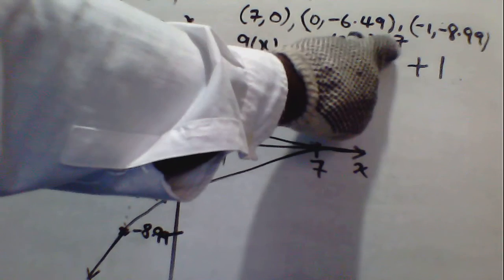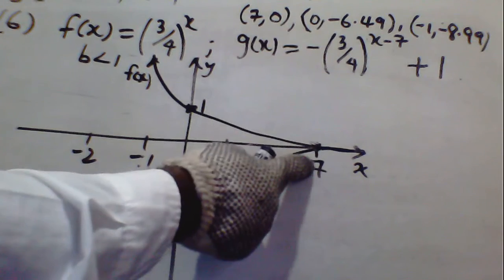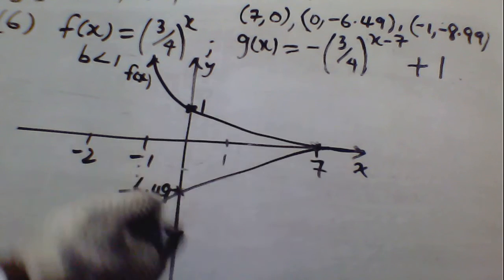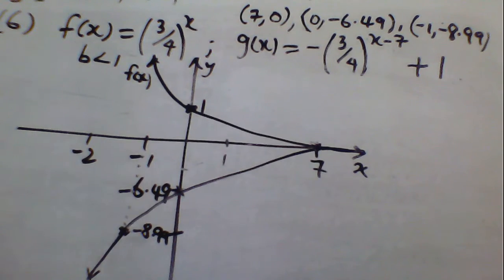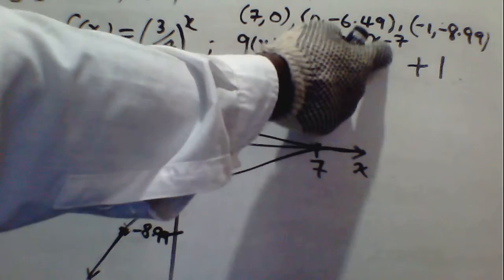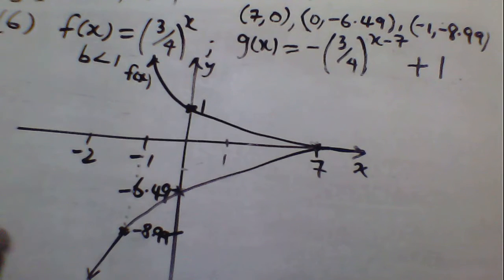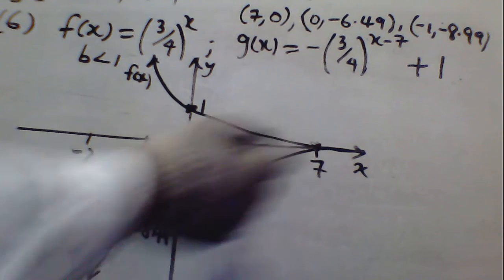There are changes also in the parent function. It's minus 7, which also affected the location, so it will move a bit, not starting from 1. If you choose points for x, you see they have different values of g of x. That's why the graph looks like this.